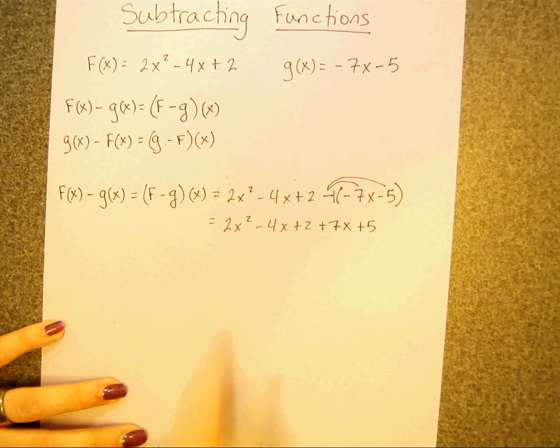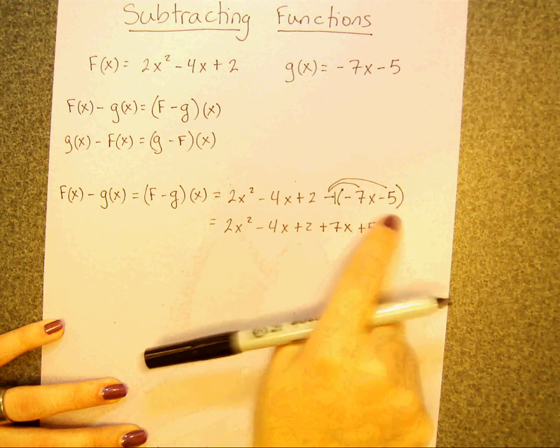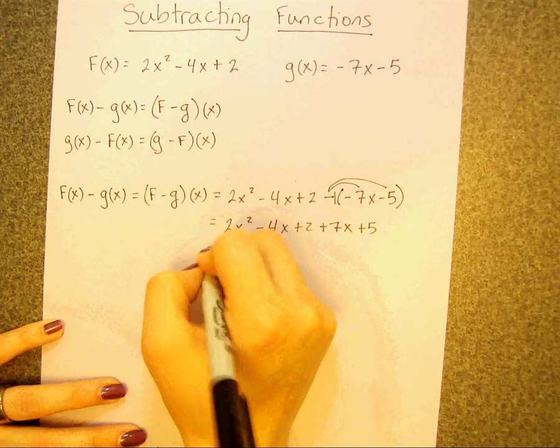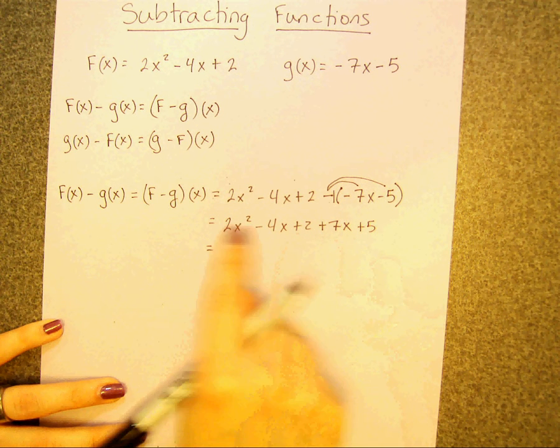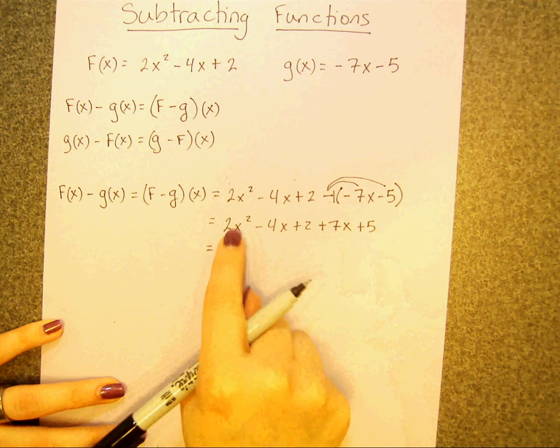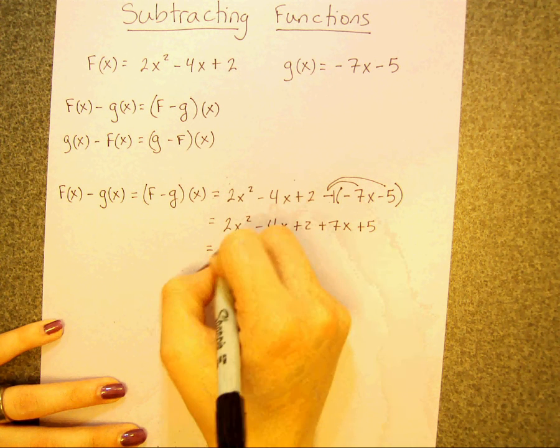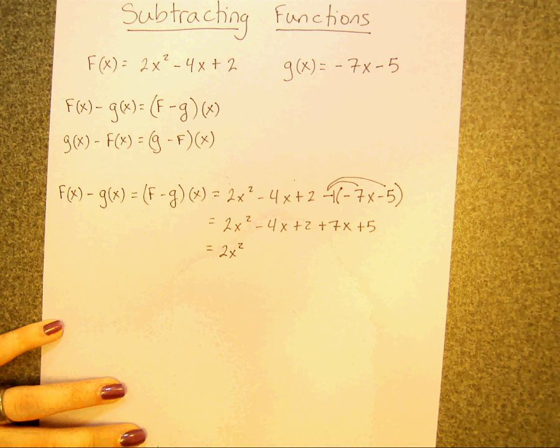Okay. And so now I can just combine like terms, just like we did when we were adding the functions together. I'll start by finding my highest power, and it's x squared. 2x squared is the only term with x squared, so I'll just write it down, 2x squared.